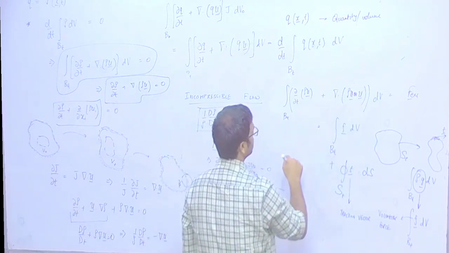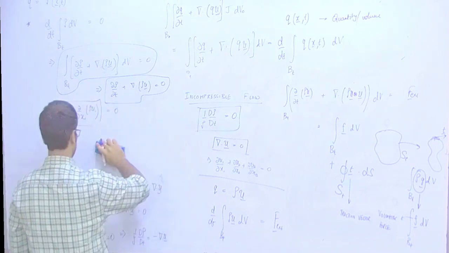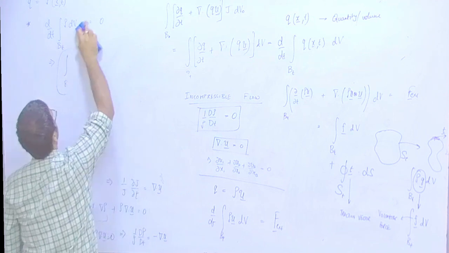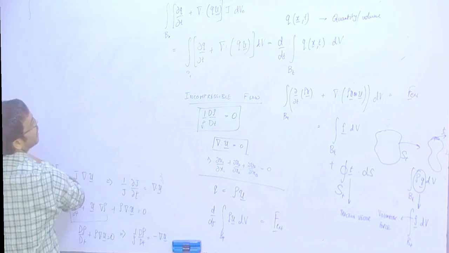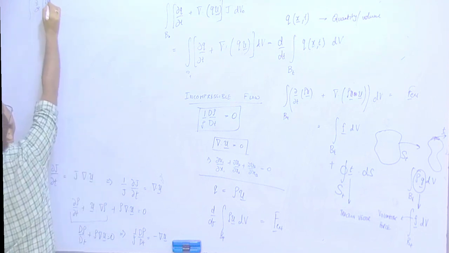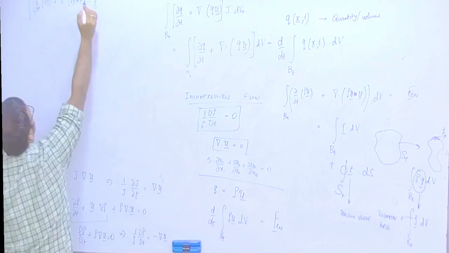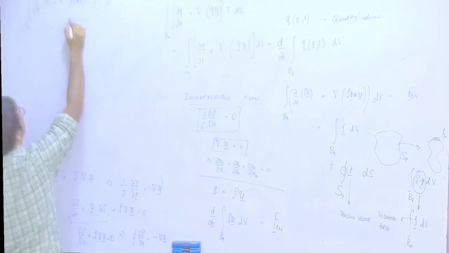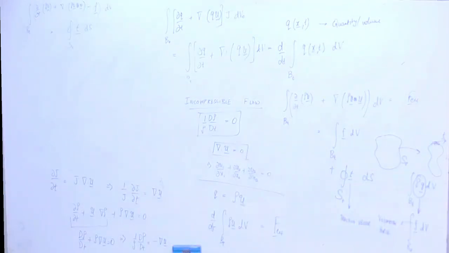One is that I can take this F on the left hand side and write the combined integrand: del by del t of rho u plus del dot of rho u tensor product u minus F, dV, equals... only if I could write the integral of the traction vector as a volume integral, then I could combine that in the integrand and apply the same logic that we applied in the mass equation.